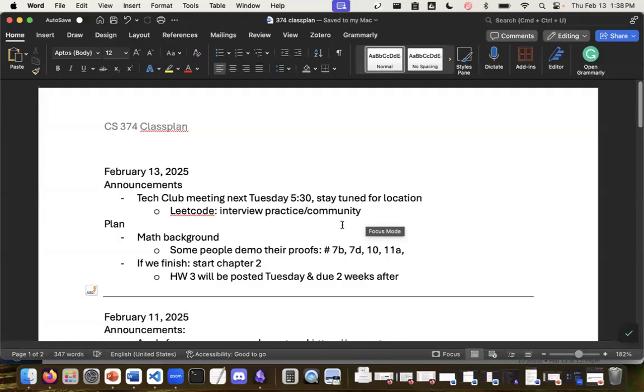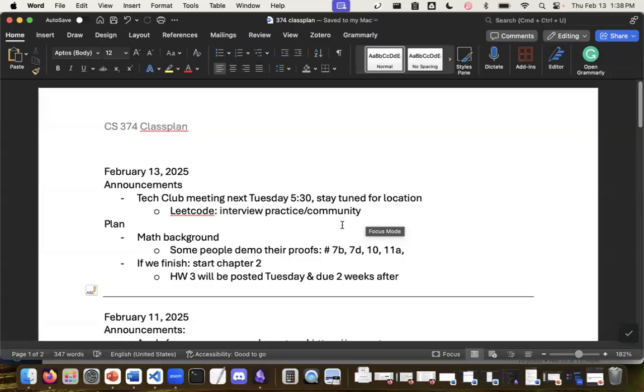For my announcement today, the tech club that I mentioned is planning on having a meeting this coming Tuesday at 5:30 p.m. at a location to be determined. I'll let you know as soon as I have that information, so probably on Tuesday. The idea for Tech Club is that we're going to have probably monthly events where we get together and do something like maybe LeetCode problems, practice for interviews, be in community with other tech enthusiasts.